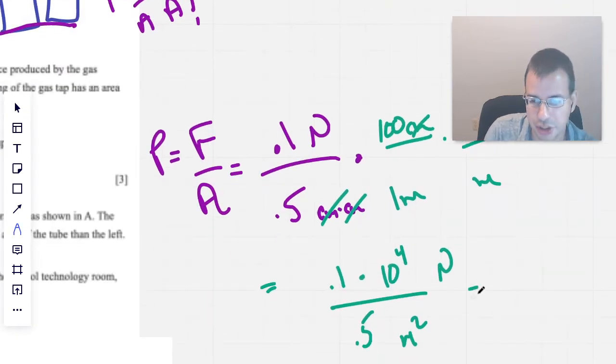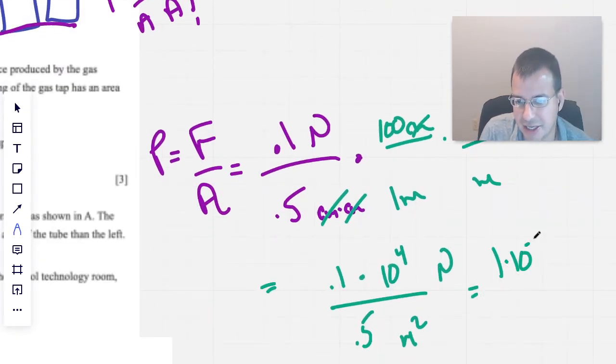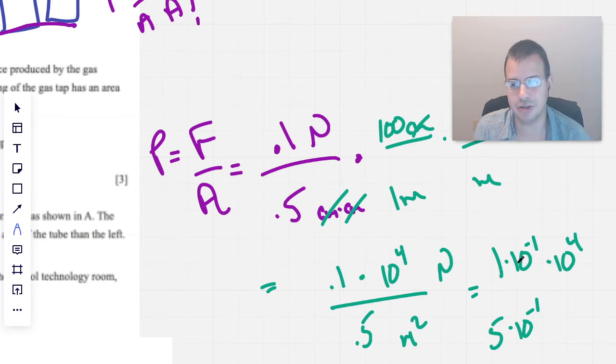I'm going to rewrite this one more time as 1 times 10 to the negative 1st times 10 to the 4th, all over 5 times 10 to the negative 1st. Did I say second? I meant 10 to the negative 1st.